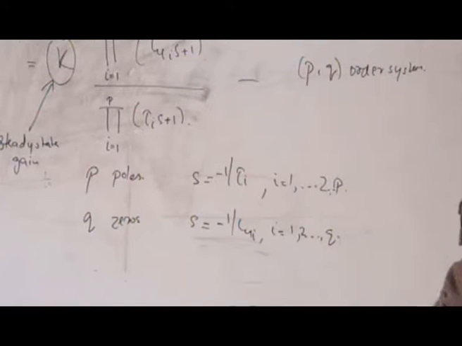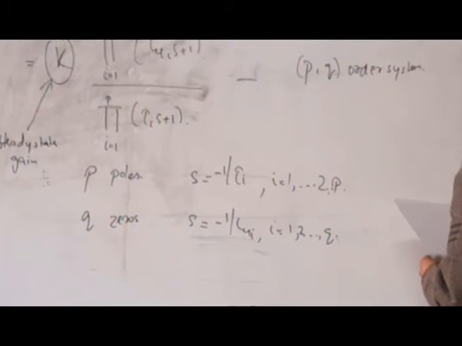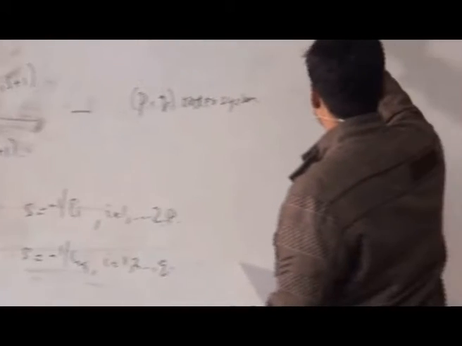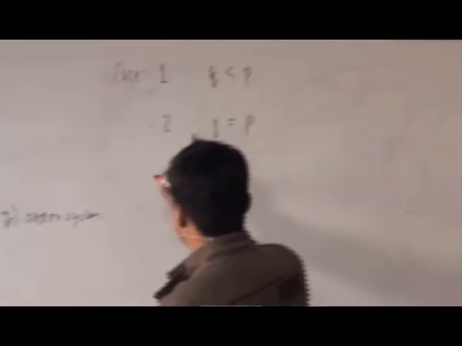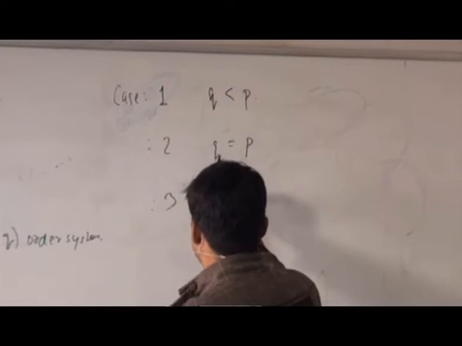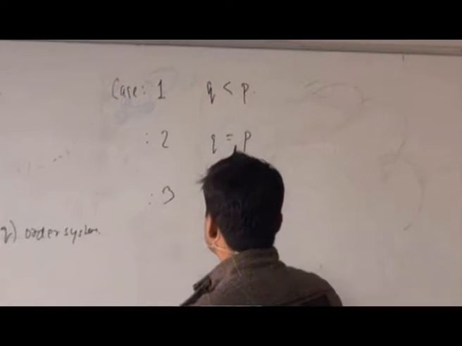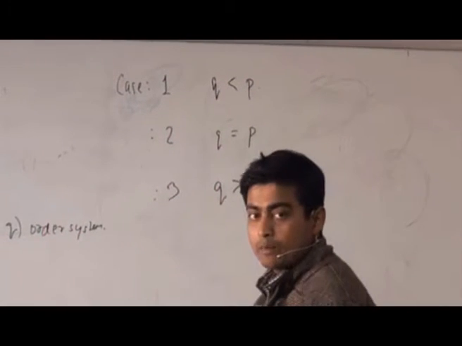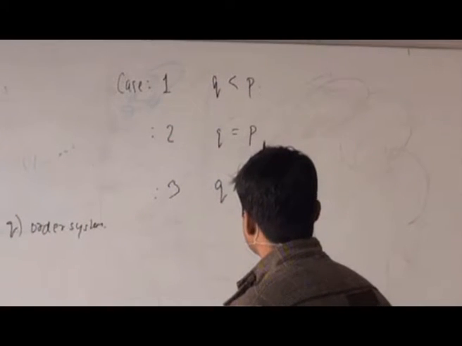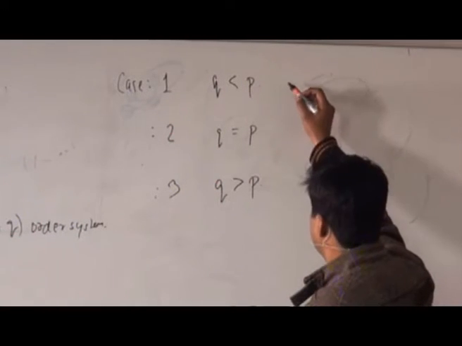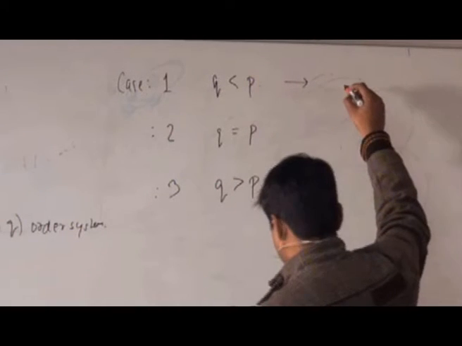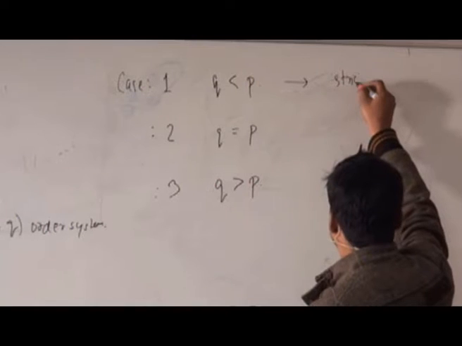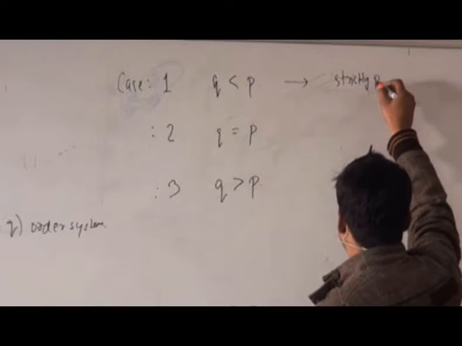Case 1, the value of Q is less than P. Case 2, where the value of Q is equal to P. Case 3, Q is greater than P. So when Q is less than P, it is called a strictly proper system.